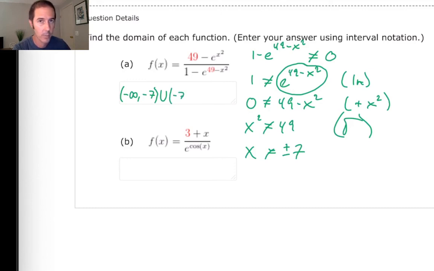That's why we're using a parenthesis. Going up to positive 7, excluding it, united with, that's the union symbol, the interval that starts at 7 and goes all the way up to positive infinity. So that's the entire number line, but we have left out negative 7 and positive 7 by using parentheses at negative 7 and positive 7.